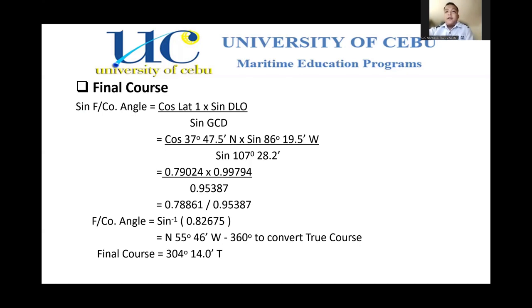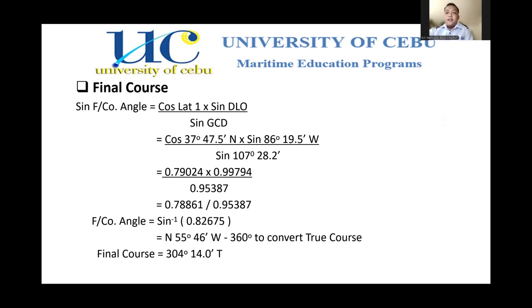So the answer for cosine latitude 1 is 0.79024, for the sine d long 0.99794, and for the sine GCD is 0.95387. So the next is 0.78861 over 0.95387. For the final course angle, we need to inverse the sine.